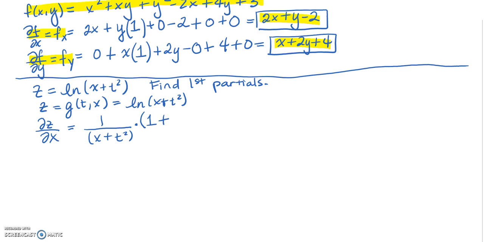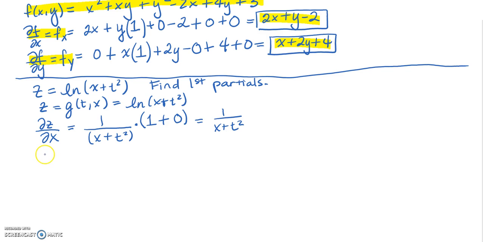The partial with respect to x of t squared, that's a separate, independent variable, and it's not the one I'm focusing on, so that becomes a 0. So I end up with 1 over x plus t squared as my first partial derivative there.